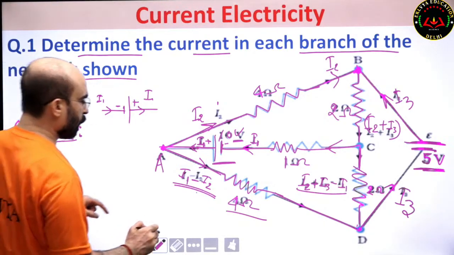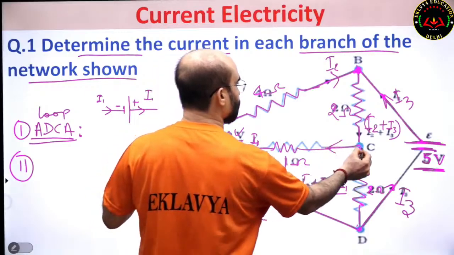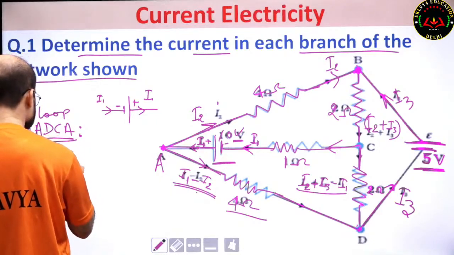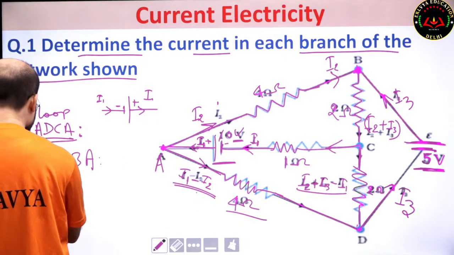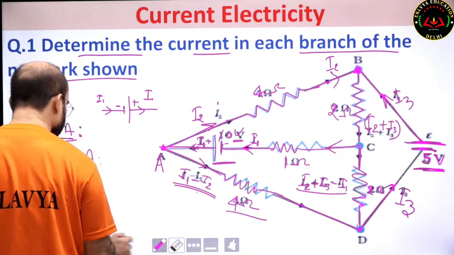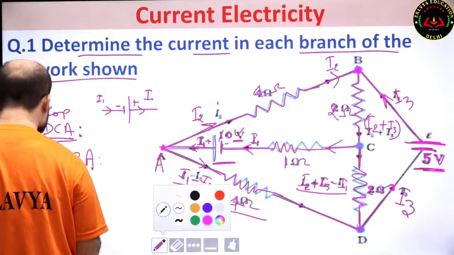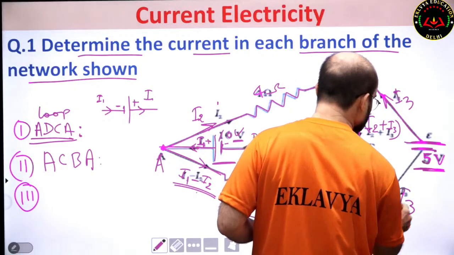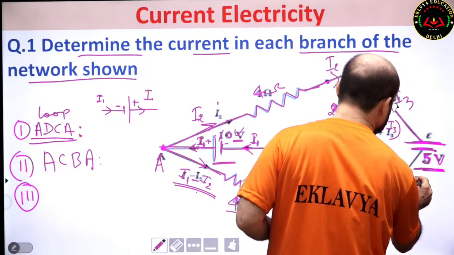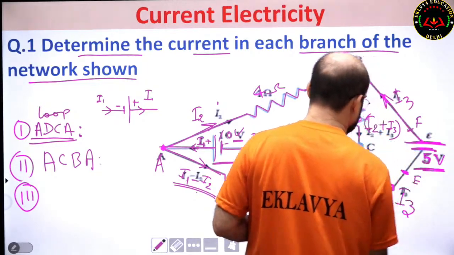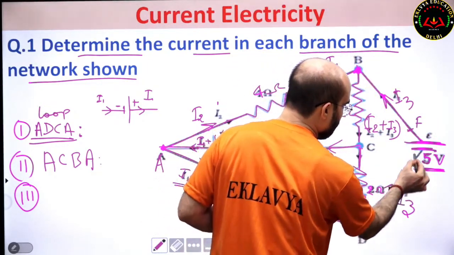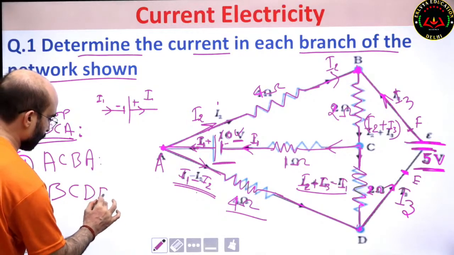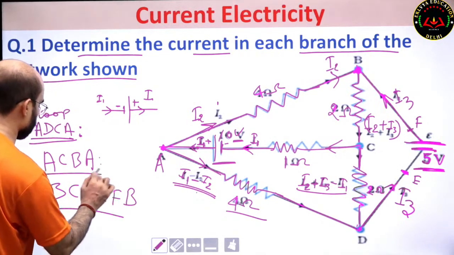Now another loop we take: A, C, B, A. Third loop we will say. What is the third loop? Name the loop B, C, D. Let's call this E and F. Loop B, C, D, E, F, B. These are the 3 loops.